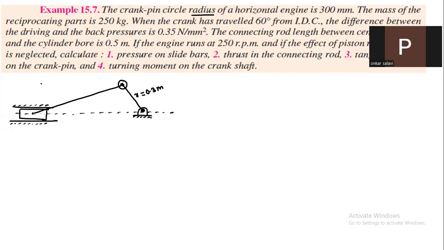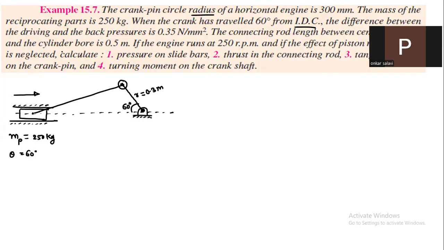The mass of the reciprocating part means the mass of the piston is given. Reciprocating means it is a piston, that is equal to 250 kg. When the crank has traveled 60 degree from the IDC, IDC means inner dead center. It means from this side motion has started. So when the crank has traveled 60 degree, this theta is given 60 degree.